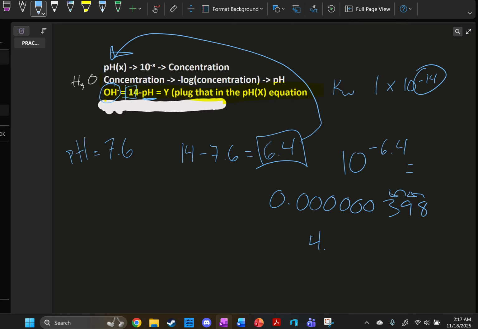So it would be 4.0 times 10. And let's count what negative power it's going to be. 1, 2, 3, 4, 5, 6, 7. Negative 7. And that is the concentration of OH, or hydroxide atoms in the solution. Does that make sense?